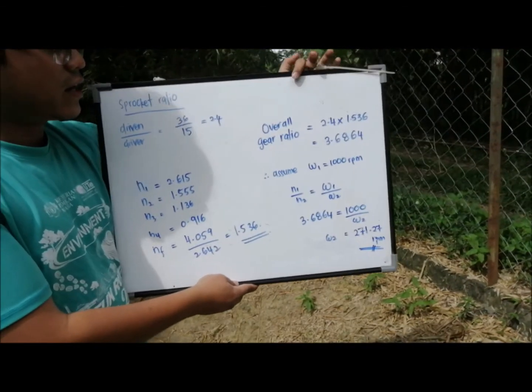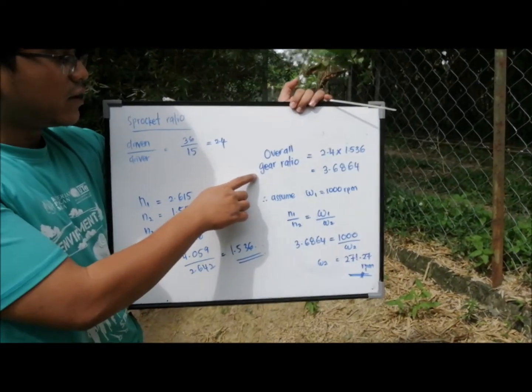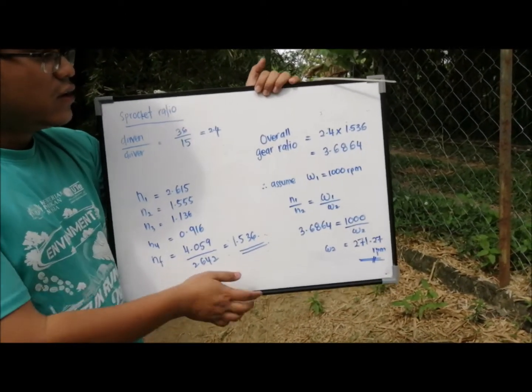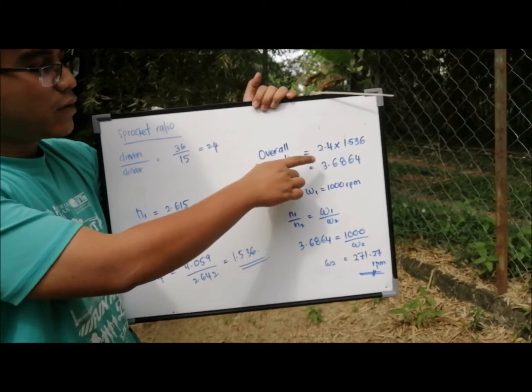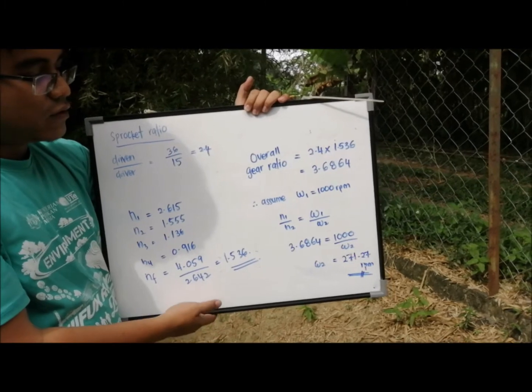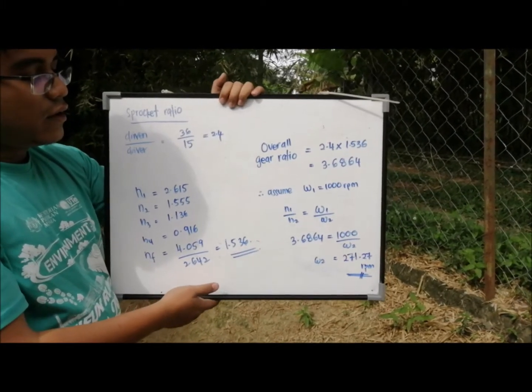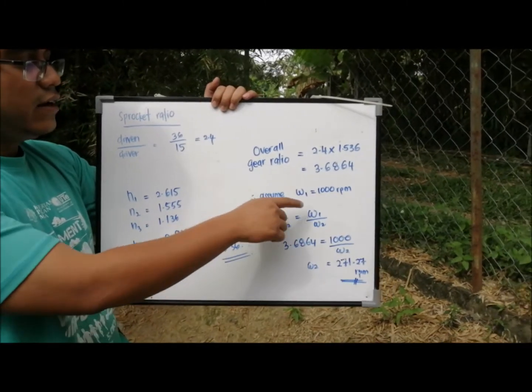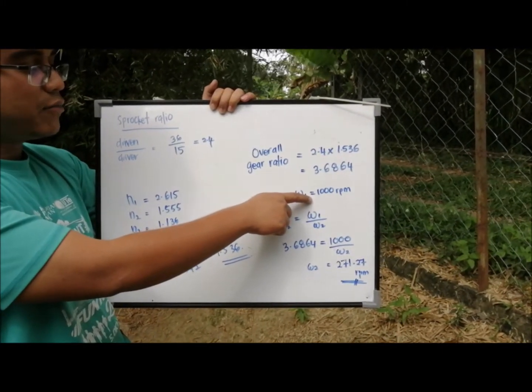So from this we can calculate the overall gear ratio based on the sprocket gear ratio and the final gear ratio. So 2.4 times 1.536, we can get 3.6864. Then we can calculate the RPM by assuming the engine is at 1000 RPM.